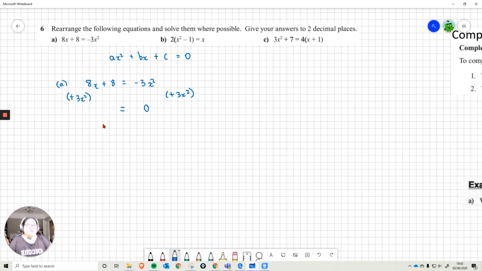And that means this equation now becomes 3x squared plus 8x plus 8. And from that, now that it's in the correct format, we can see a equals 3, b equals 8, and c equals 8. And then you can go ahead and use the quadratic formula from there. And you can see how I've done that in the previous videos on the quadratic formula.